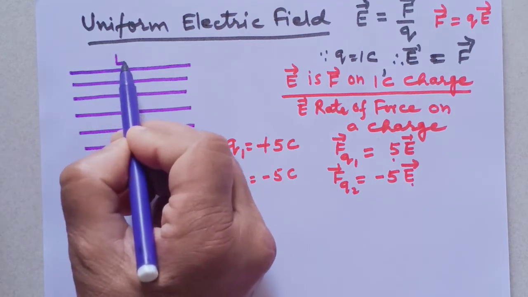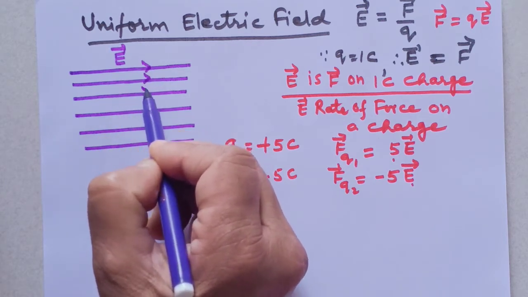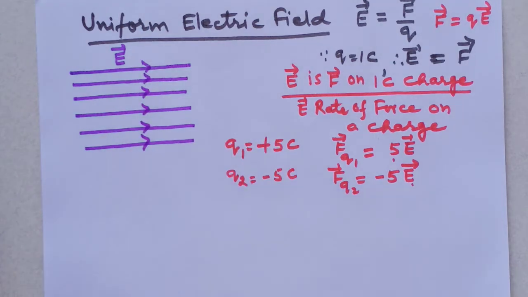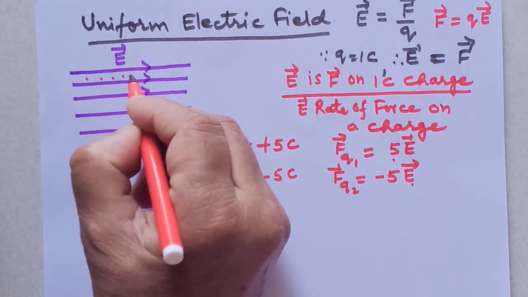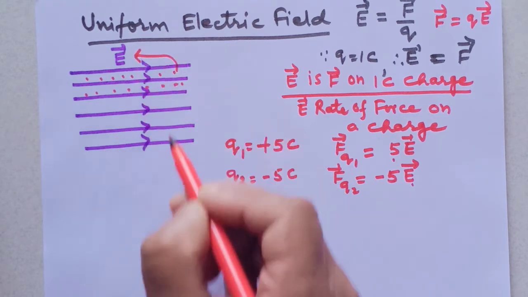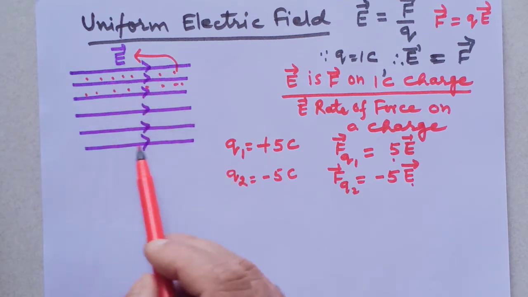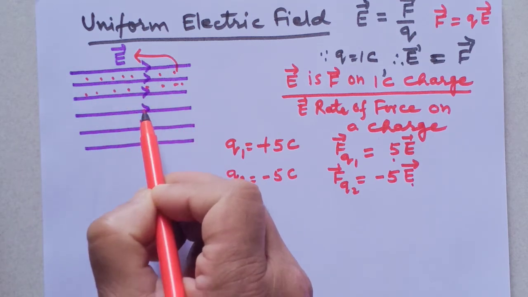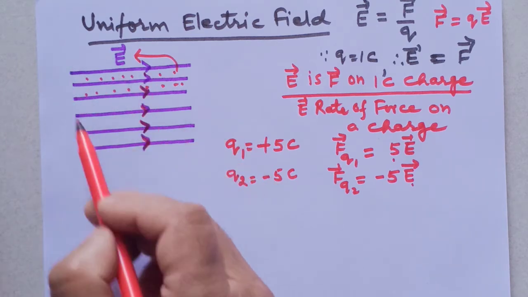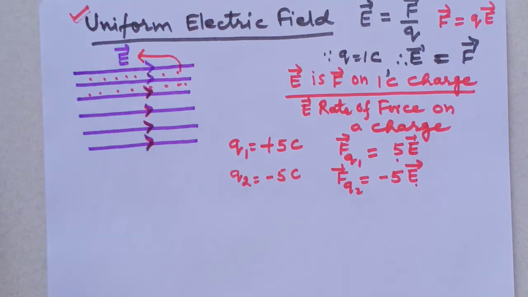And if we write E is the intensity, it means at every point of this field, the value of electric field intensity is E. If we choose any point anywhere in the field, the value of the field will come out to be E. The value and the direction are the same everywhere inside this region, the direction being along the arrowhead. So this is a uniform electric field.